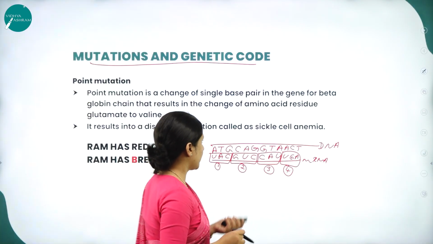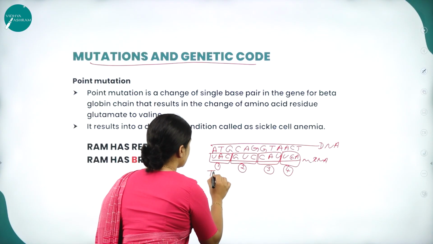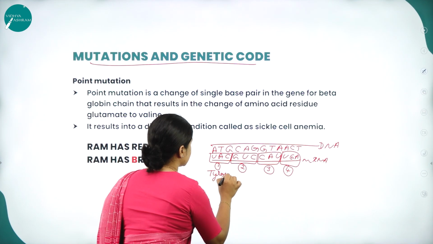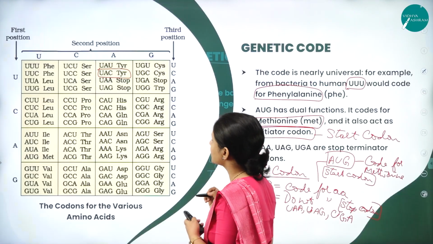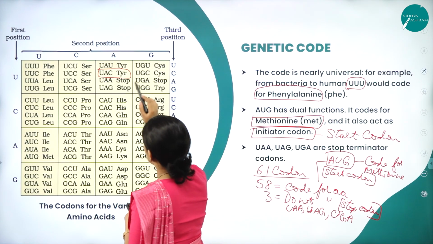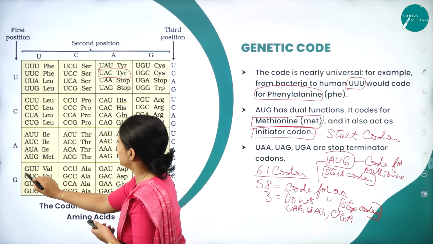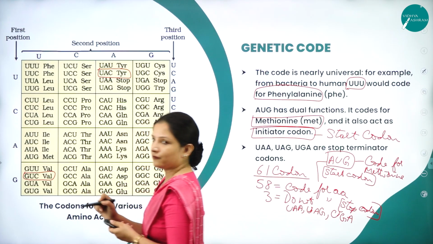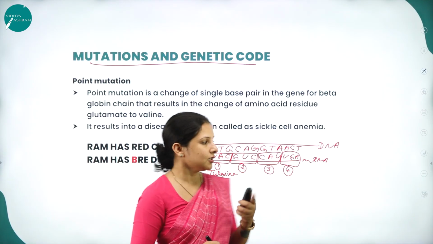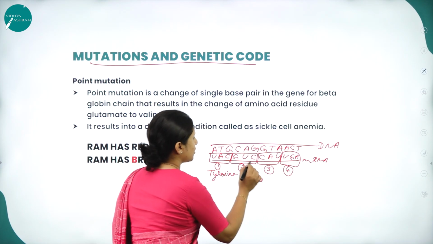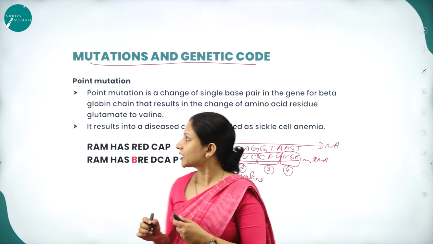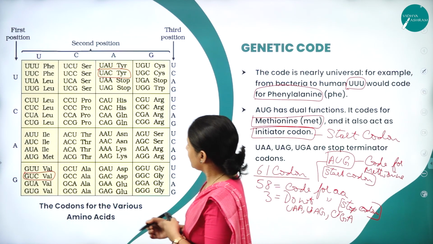So UAC will produce the amino acid tyrosine. Chains of amino acids are being produced. Now GUC, let me search for GUC here. Got valine. So GUC will produce valine. So like that it keeps on, then CAU. Further, we'll go back to CAU.